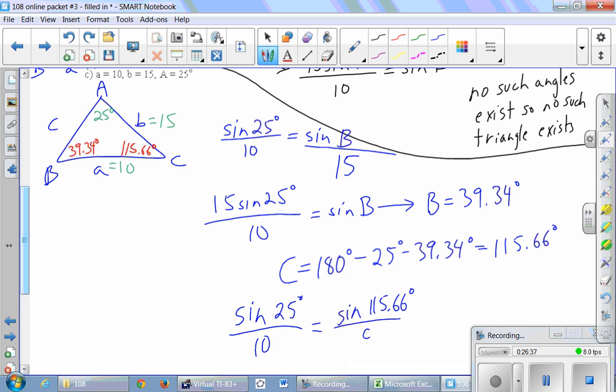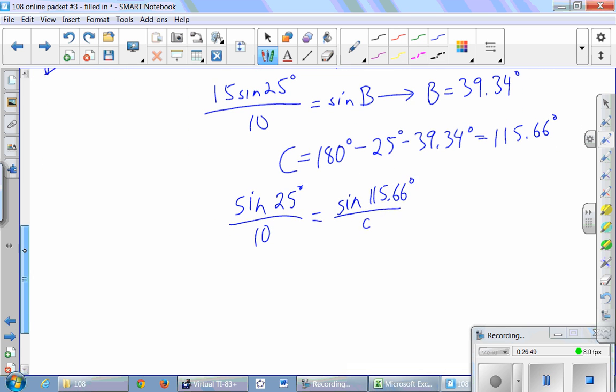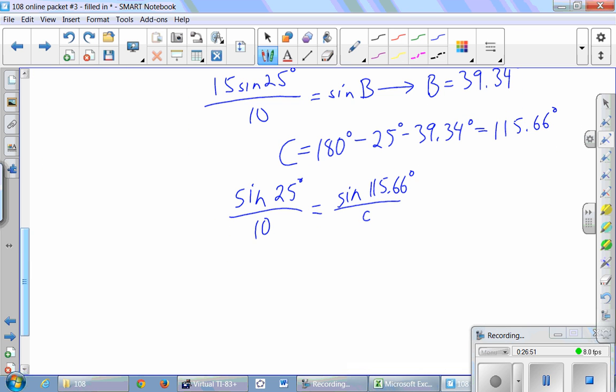And so that means I can put lowercase c down there, which is great because that's what we want to find. So solving this equation is a little bit more involved. So maybe cross multiplying is an okay strategy on this one. So we go c times sine of 25 is 10 sine of 115.66.